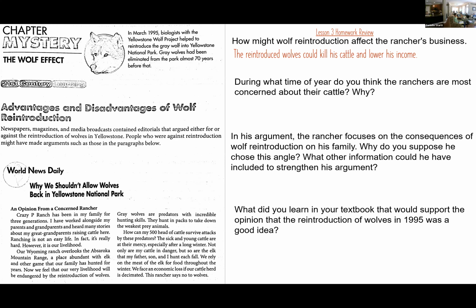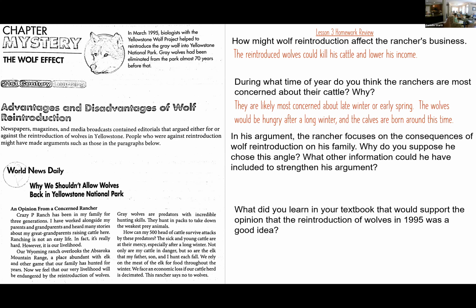Yes, calving season is early spring. The cattle are vulnerable in the winter, and the wolves are getting hungry, and then in the spring they've got babies that they can just pluck off. Right, that's when calving season is, in your early spring.